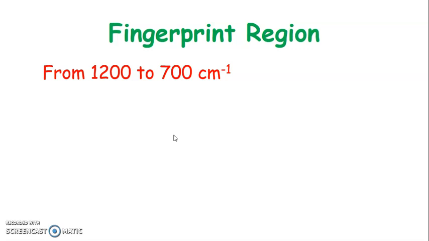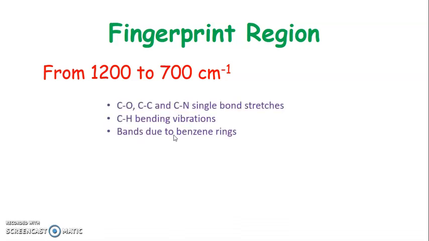This region is notable for large number of infrared bands that are found there. Many different vibrations including CO, CC and CN single bond stretches, CH bending vibrations, and some bands due to benzene rings are found in this region.